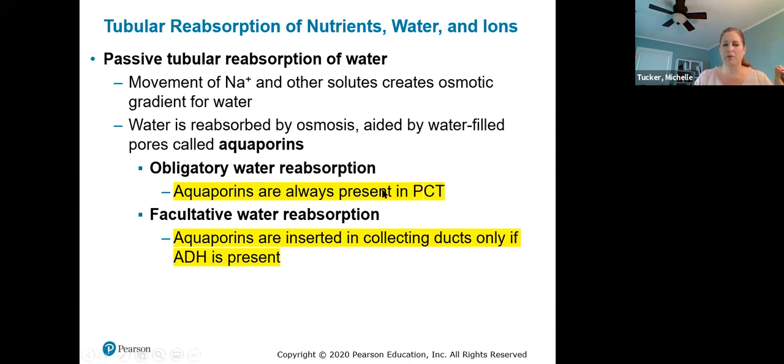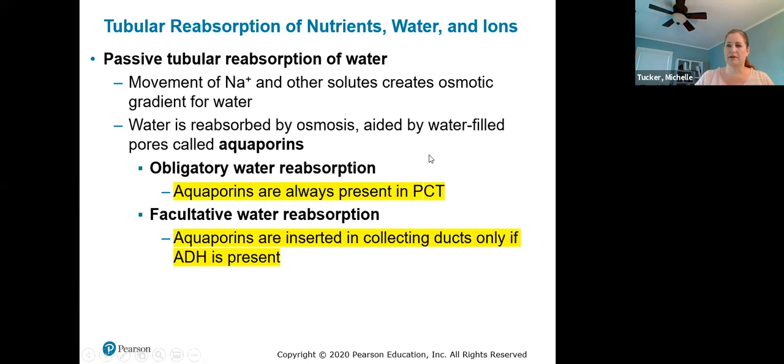Aquaporins are always present in the proximal convoluted tubule, so that at least 65% of the filtrate water is reabsorbed, because we would die if it wasn't. This takes priority, so aquaporins are always present.